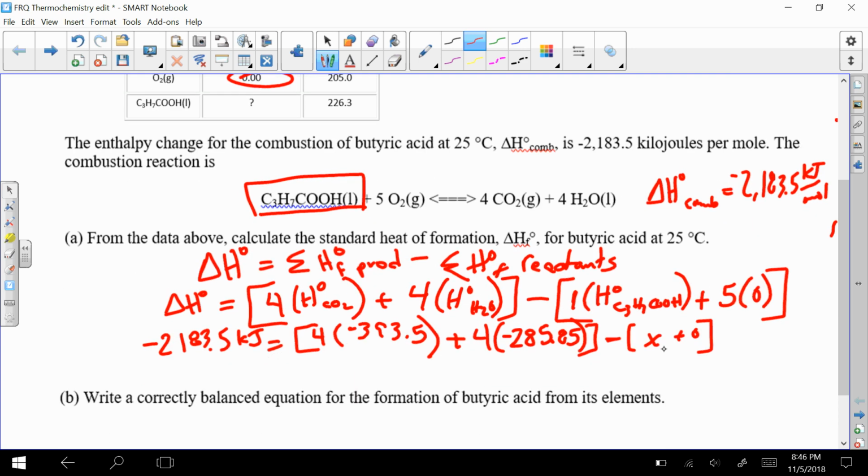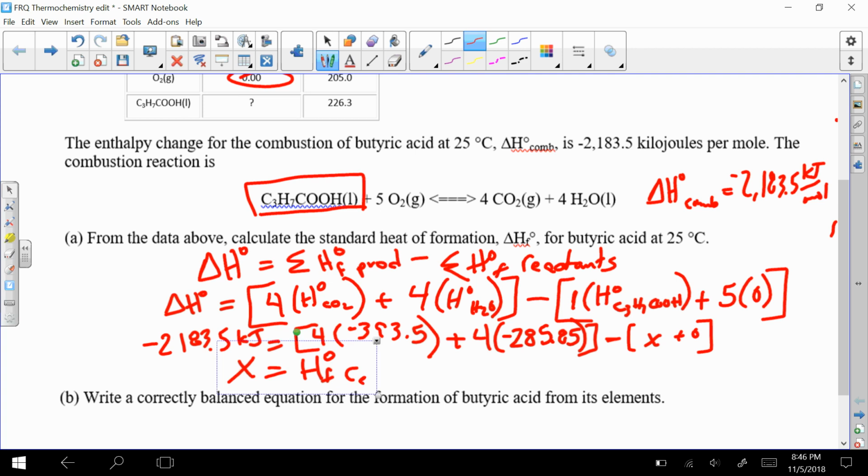And so when we go through and do the math and solve this, we'll have negative 2,183.5 equals 4 times this number, plus 4 times this number, minus X. So when we solve that algebraically, we get X, which is the heat of formation of that butyric acid.